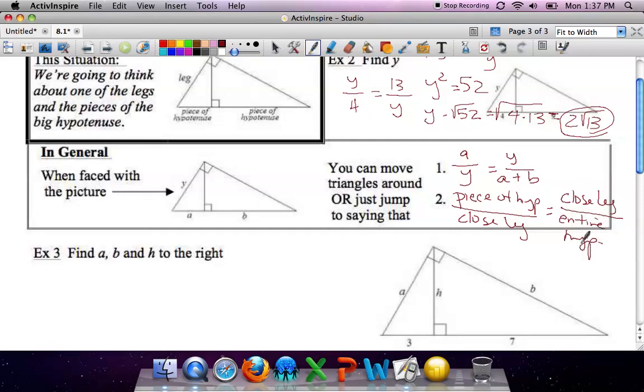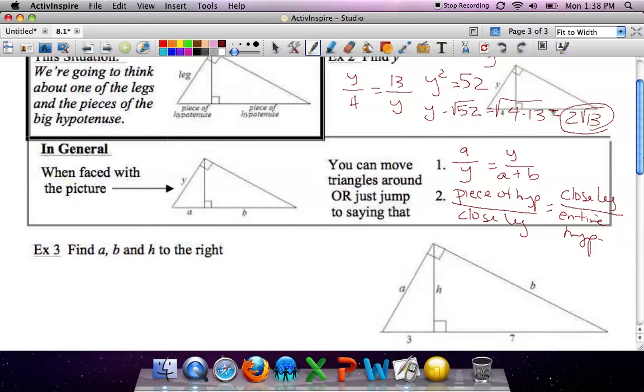And of course, we're talking about the hypotenuse of the big triangle. So a piece of the hypotenuse, which is A, is to the close leg, which is y, as the close leg, which is y, is to the entire hypotenuse, A plus B. Again, we don't necessarily have to memorize these, we just have to be able to use them.